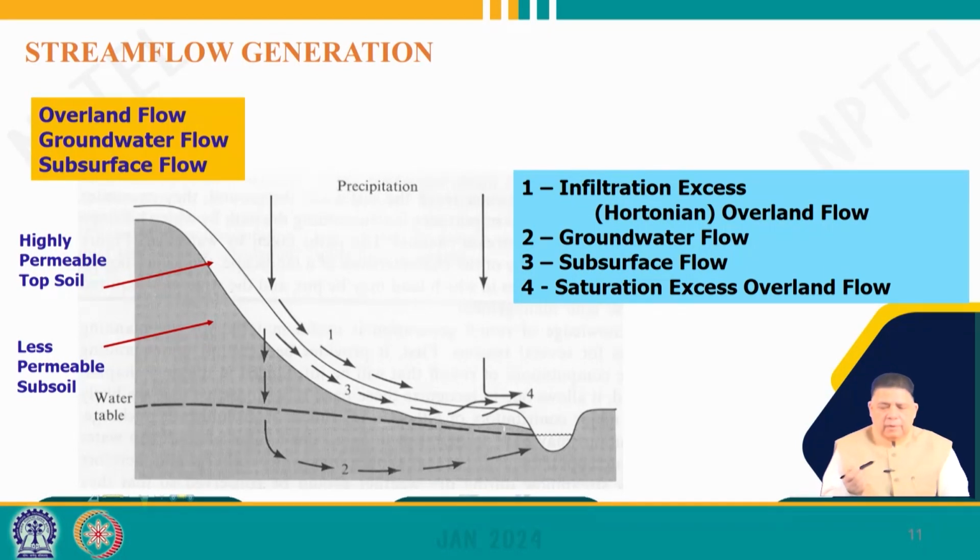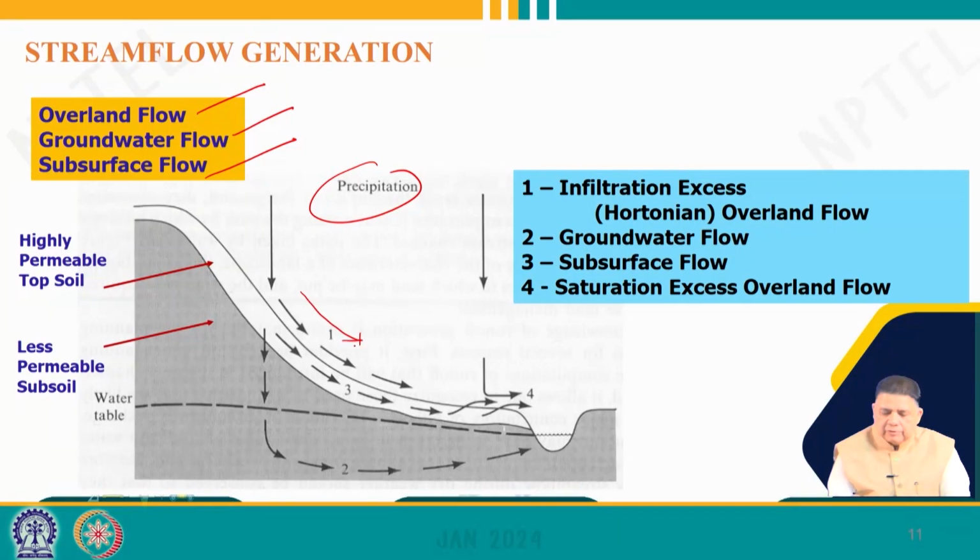Now, stream flow generation. If we look back, there are three forms we have discussed: overland flow, groundwater flow and subsurface flow. Once precipitation starts, water reaches the ground surface, and of course the first thing will be infiltration, but then water will start moving on the surface.